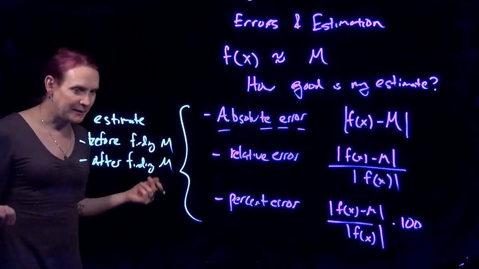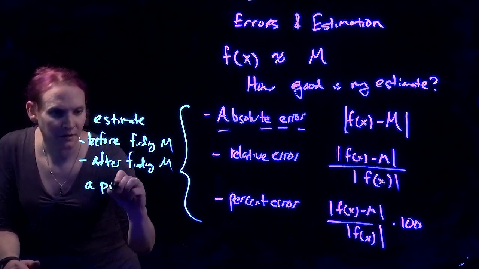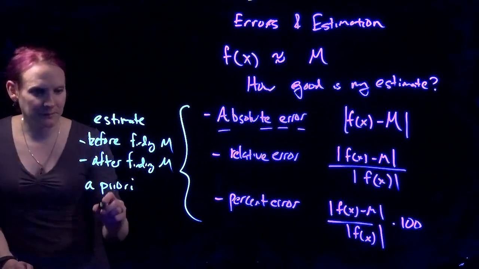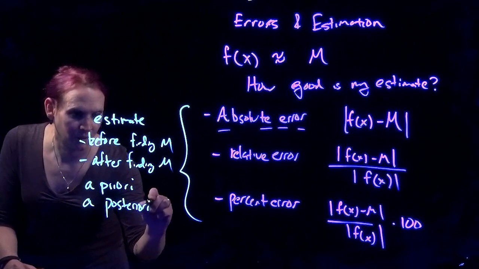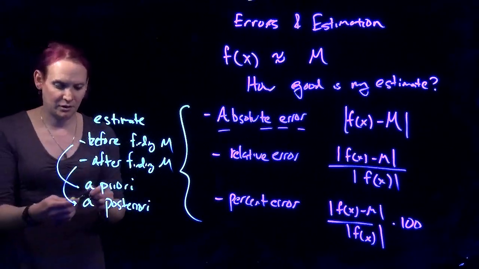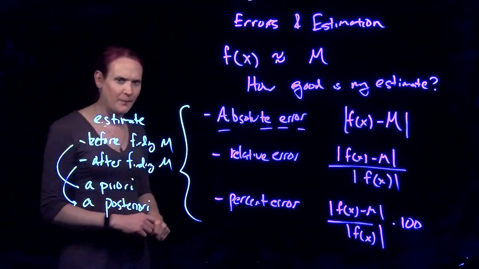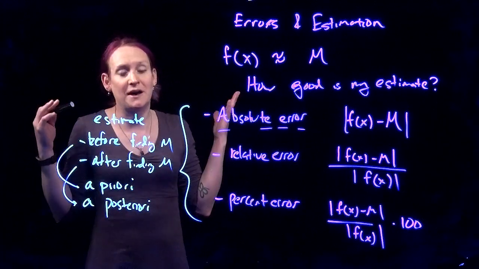There are Latin names for these two things. There's an a priori error estimate and an a posteriori error estimate. So before and after: a priori and a posteriori. The way that we do that is really cool. It's a field called analysis.